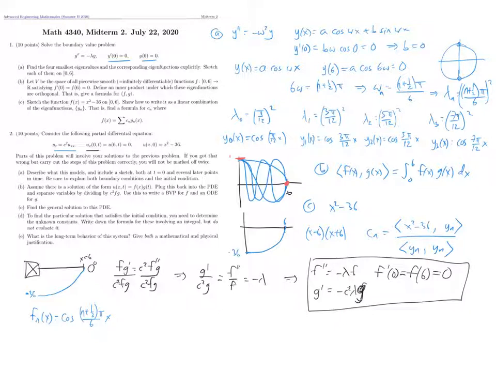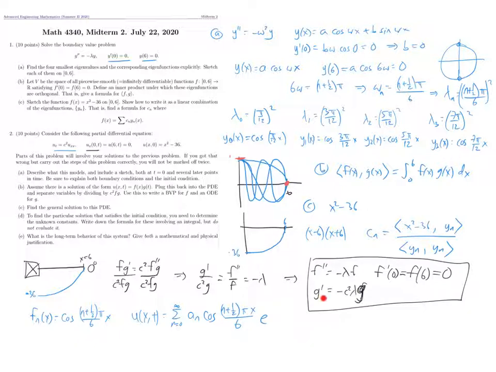So that means that your general solution is going to be the infinite sum from n equals 0 to infinity. So we're going to start at 0 because we get non-zero eigenvalues here of, let's call it an, cosine of n plus 1/2 pi x over 6 times e.